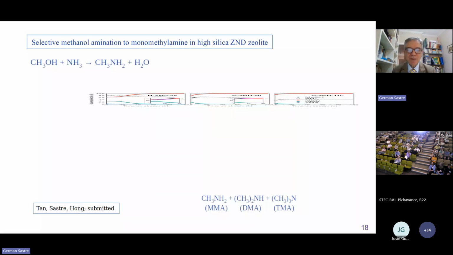But what I want to highlight here is that normally the mechanism proposed depends on the number of active sites, so the number of Bronsted sites.